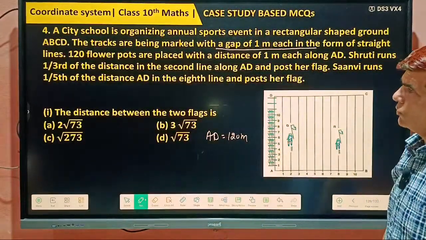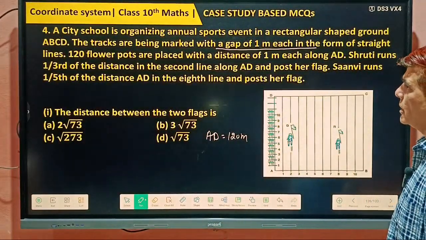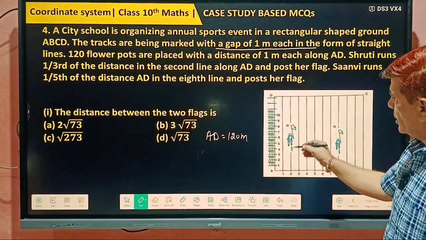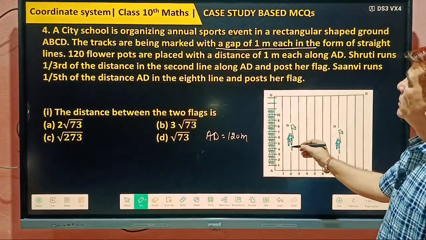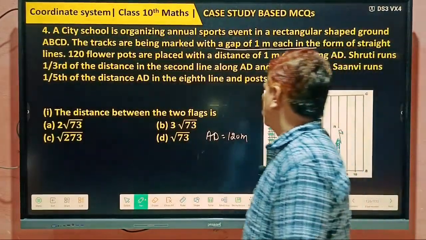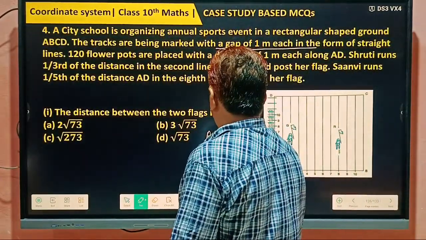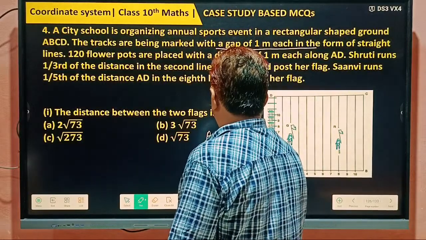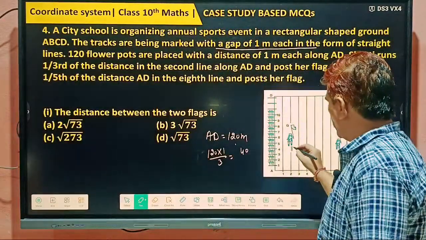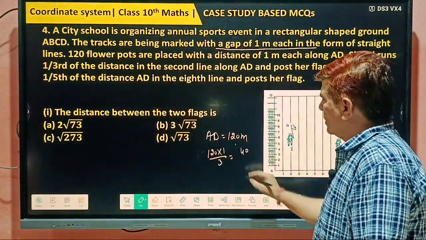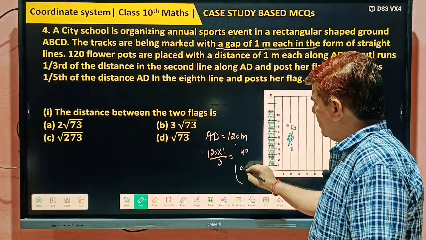Shruti runs 1/3 of the distance in the second line. So moving in this line, how much distance covered? 1/3. 1/3 of what? 120. 120 into 1 by 3. How much? 40. So what are the coordinates of this point? We can say in the second line.